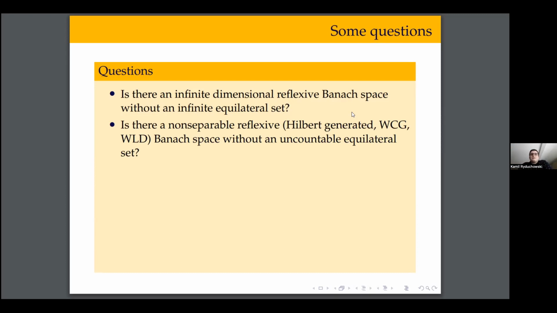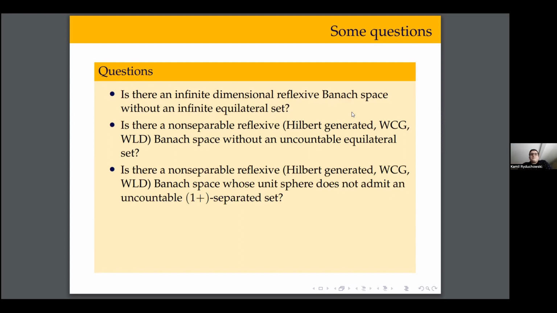The next question is, is there a non-separable reflexive, or again Hilbert generated, weakly compactly generated, etc. Banach space whose unit sphere does not admit an uncountable 1+ separated set? Because those spaces we considered, in all the cases we managed to prove something, that they always have 1+ separated sets in the unit sphere.